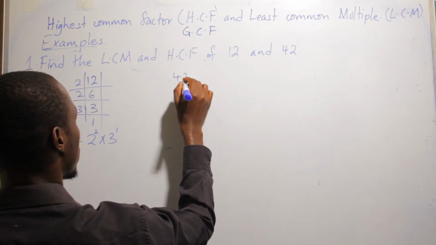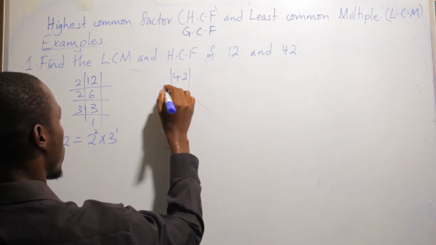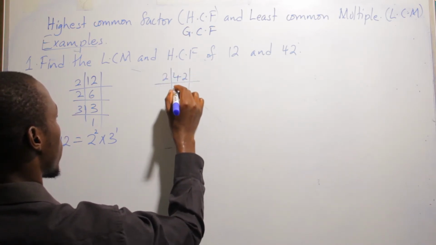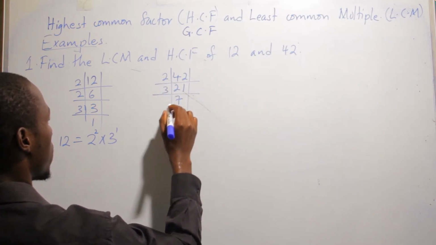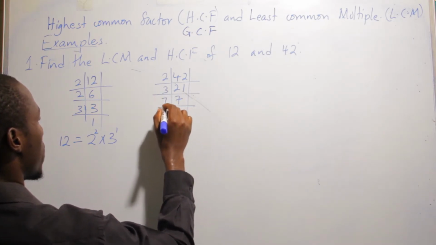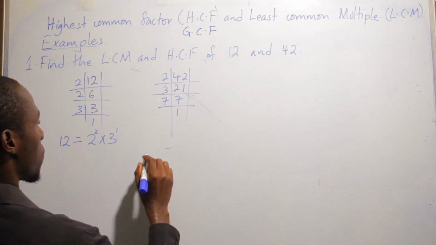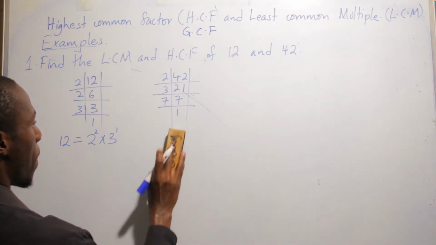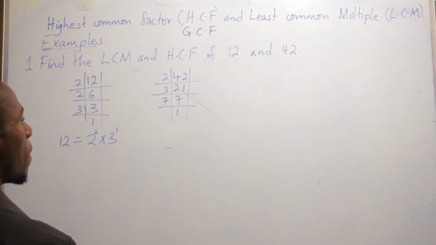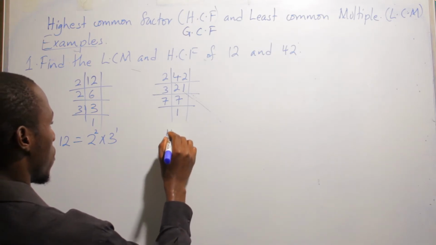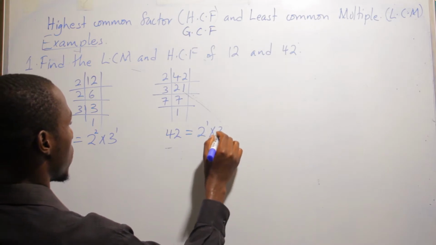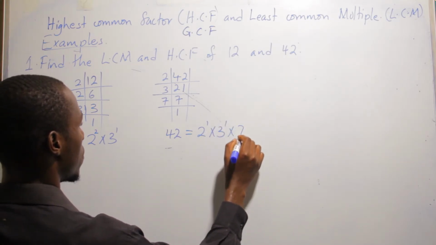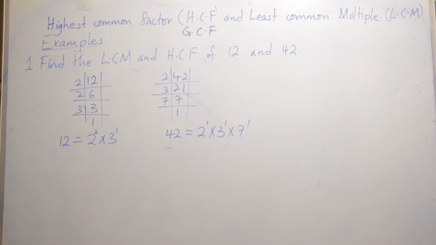Then the 42 prime decomposing, this is 2, that is 21, divide by 3 to get 7, then divide by 7 to get a 1. So the 42 is equivalent to 2 power 1 times 3 power 1 times 7 power 1.